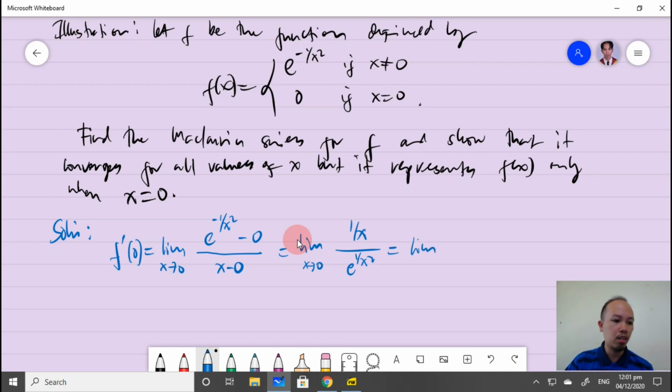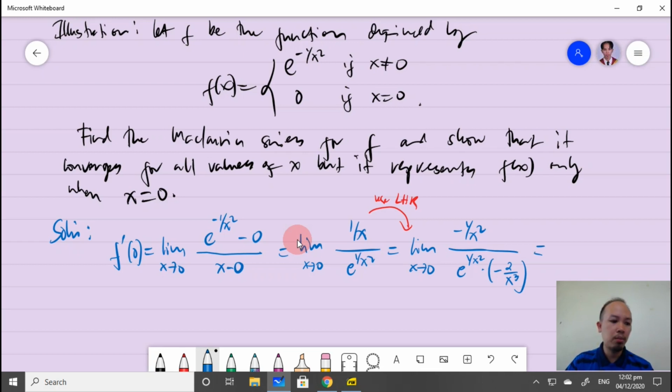This is the limit of negative 1 over x squared, get the derivative, so use L'Hopital's rule. As x approaches 0, this will become e to the 1 over x squared times, of course, the derivative of 1 over x squared, which is negative 2 over x cubed.